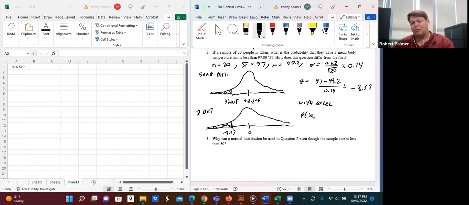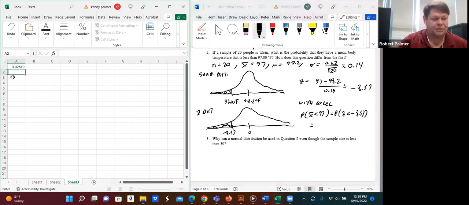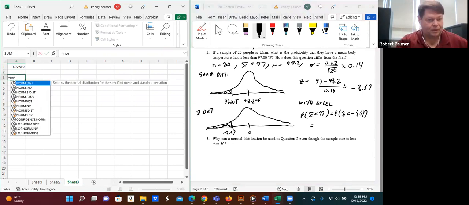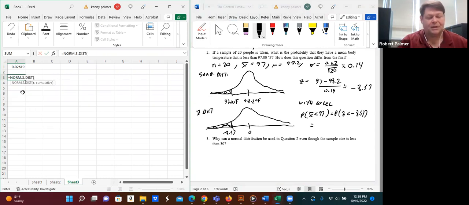So the probability that my sample mean is less than 97 is the same as the probability that z is less than negative 8.57. Let's go back over here. Essentially the same thing I just did: equals NORM.S.DIST, my z-score, negative 8.57.